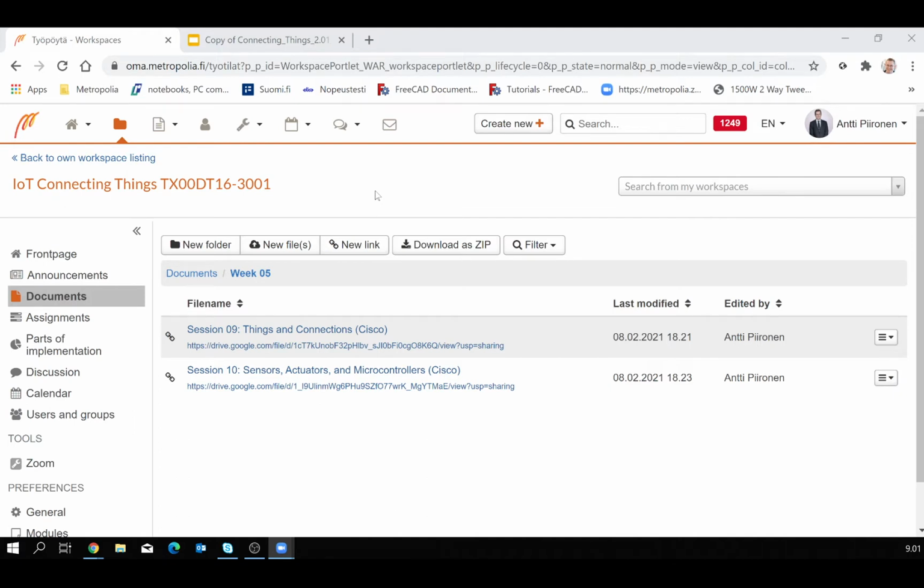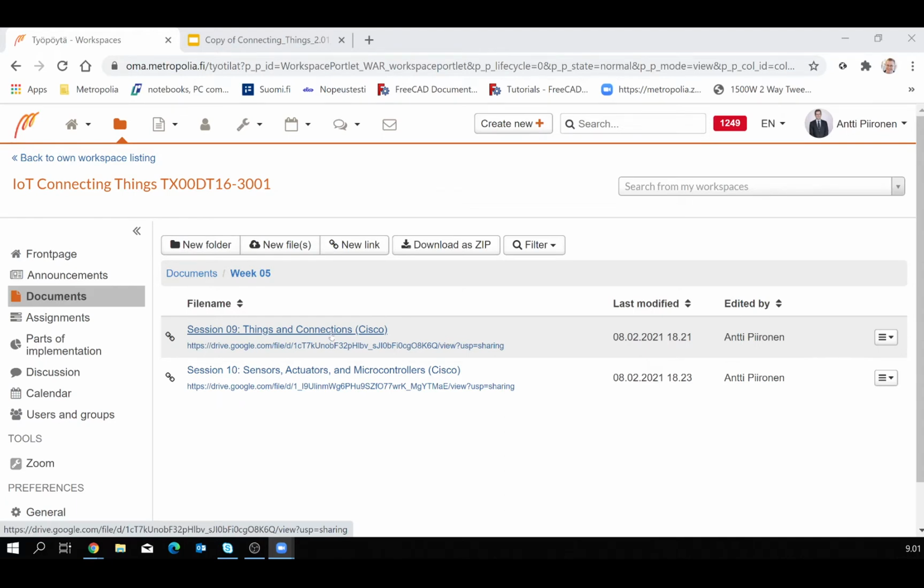We are using these Cisco system slides, as they are also learning material for the Cisco Network Academy, I think it's called CCNA. This is part of CCNA, although we are not forcing you to take any of the Cisco exams.